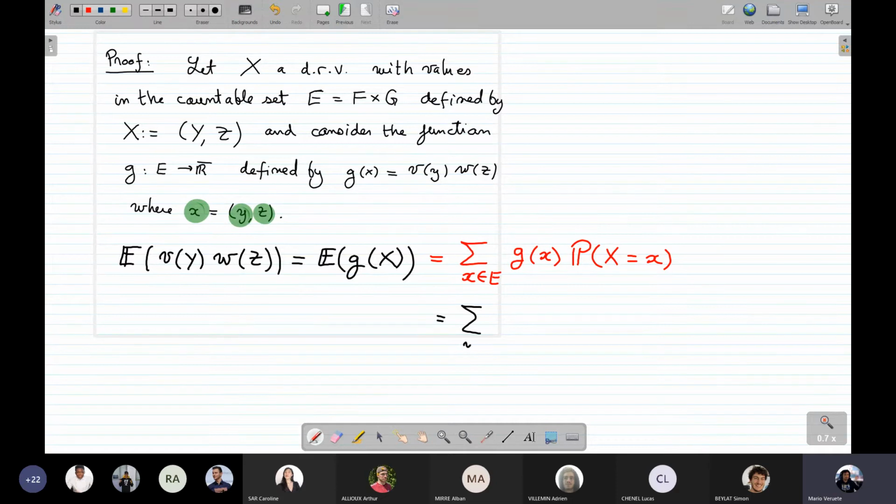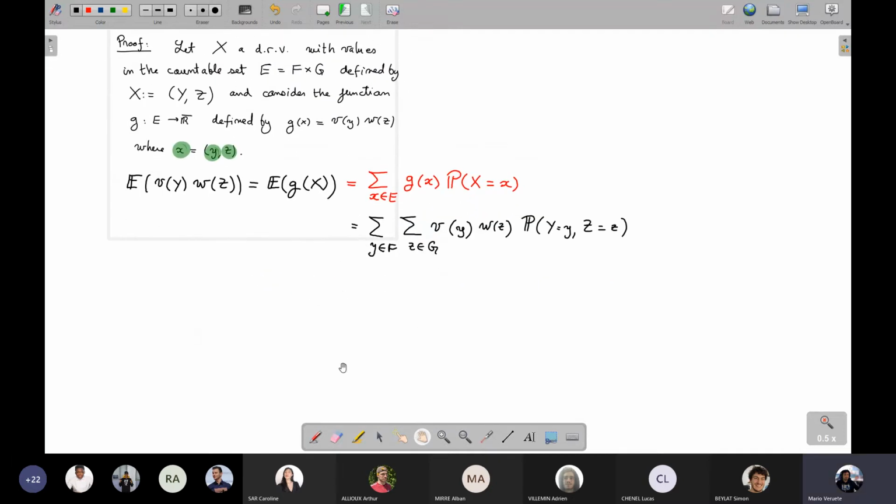It's a sum on y in F, and also a sum on z in G. It's a double sum of v of y times w of z times the probability that Y equals y and Z equals z.